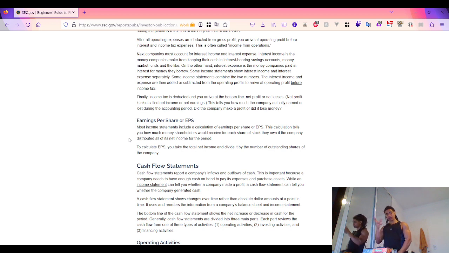They're generally organized in three main areas, where each area reviews the cash flow from operating activities, investing, and financing.